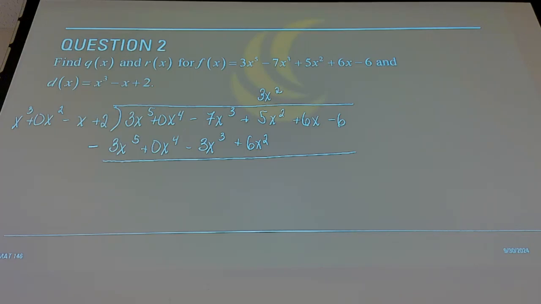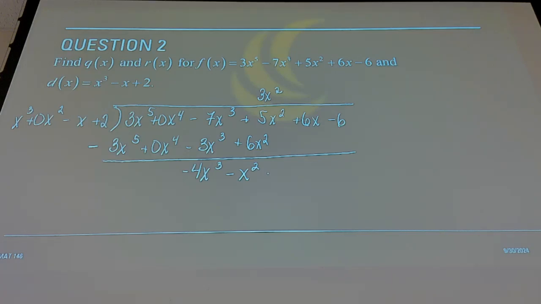Negative 7x cubed minus negative 3x cubed: negative 7 minus negative 3 is negative 4. 5 minus 6 is negative 1.